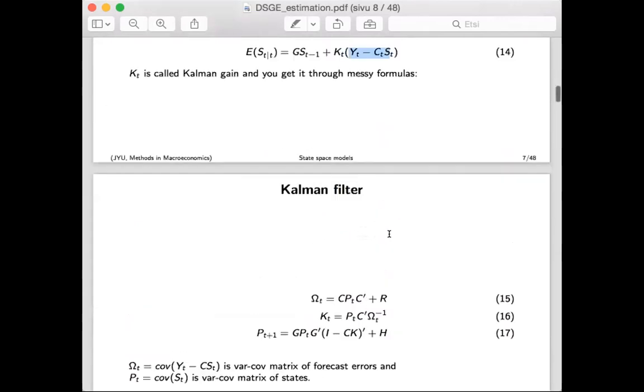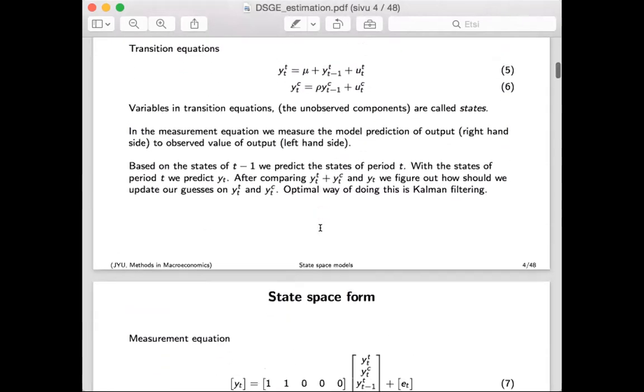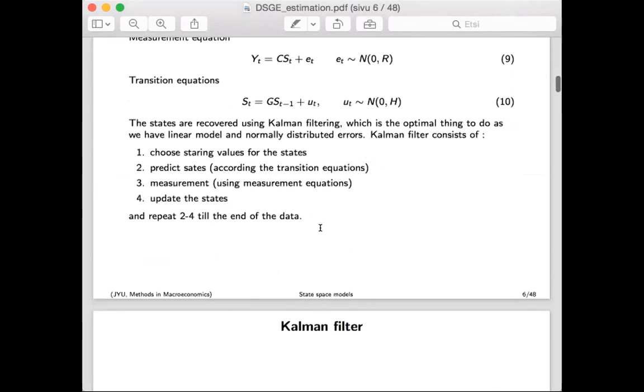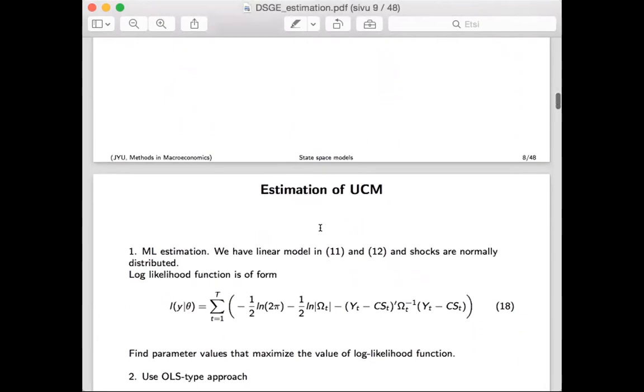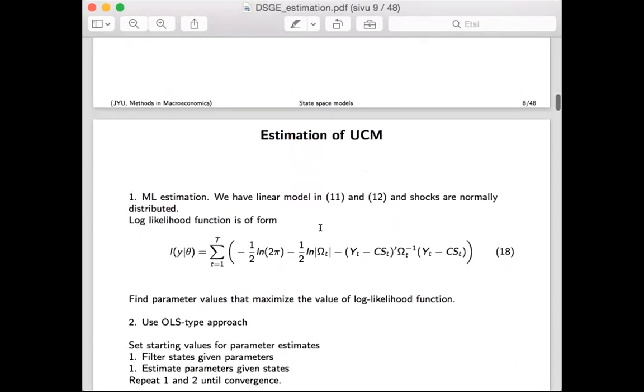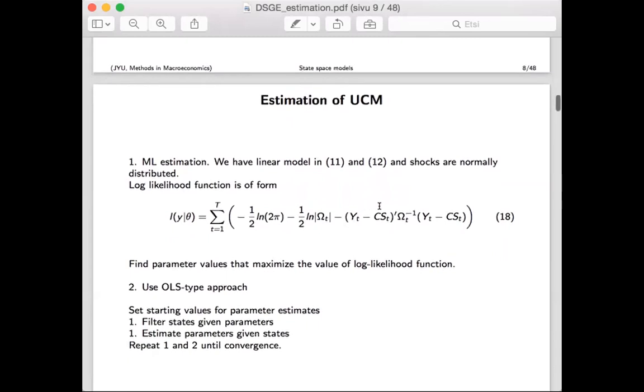Then we have some parameters here, for example, this rho here. Then we have variance covariance matrix parameters, how to estimate these. One way is to use maximum likelihood estimation, where we have a log likelihood function of this form, where we have forecast errors similarly as we had in the previous lecture or the lecture before that, where we quickly checked what maximum likelihood estimation means.